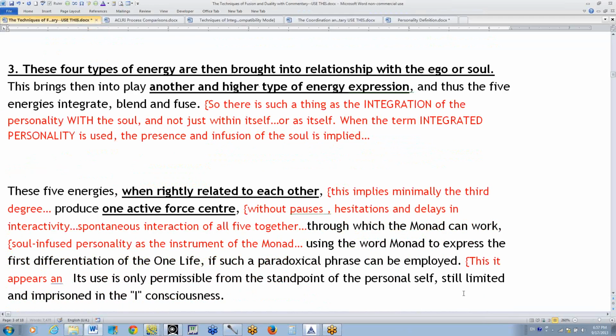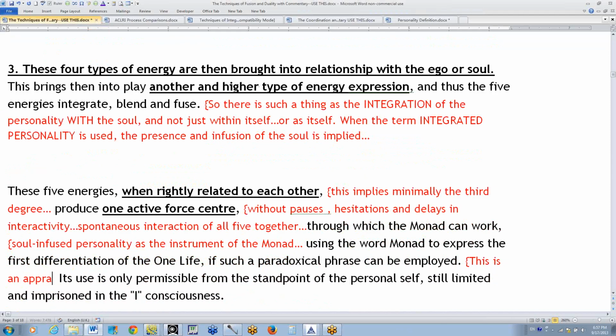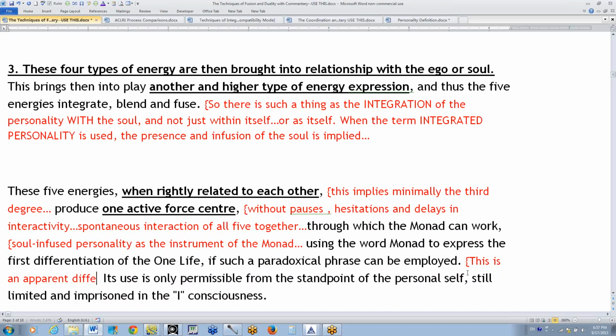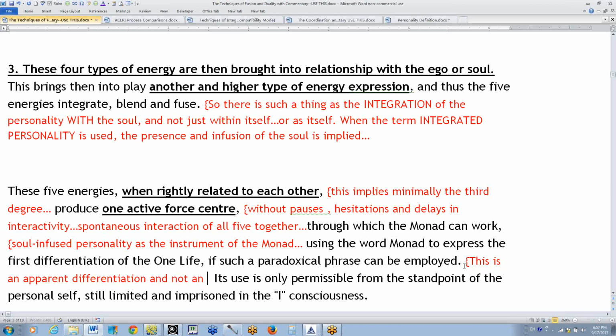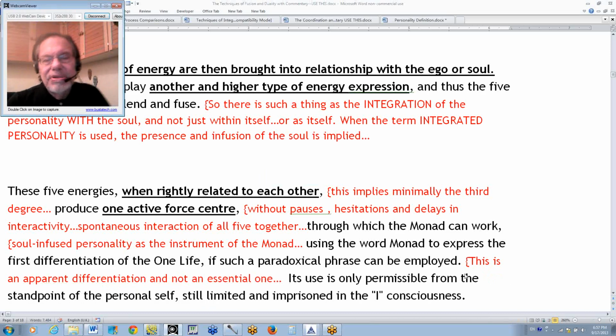This is an apparent differentiation and not an essential one. Because, ultimately, and this is even more paradoxical, the one cannot be divided, and yet apparently it is.